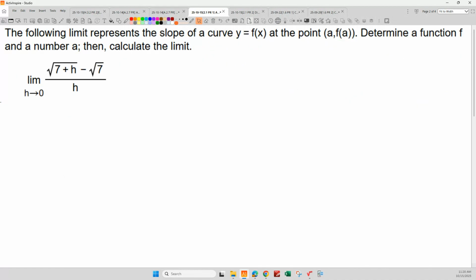Well, that wasn't challenging enough, so let's try this. This time I want to know two things. I want you to determine what the function is you're trying to differentiate, and at what point you are trying to calculate specifically the value of the derivative.